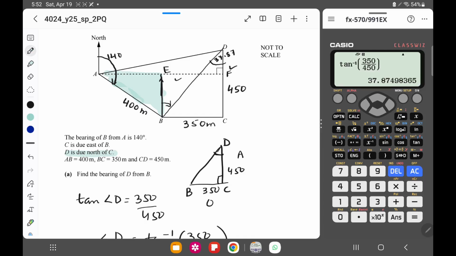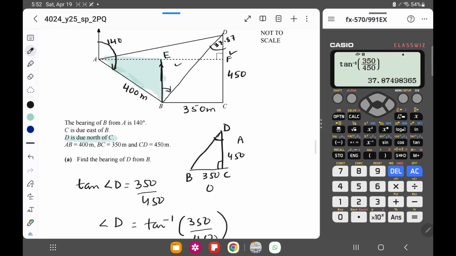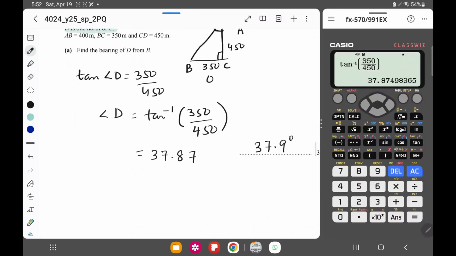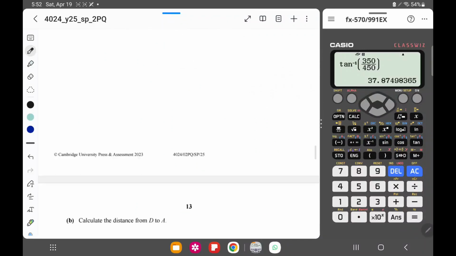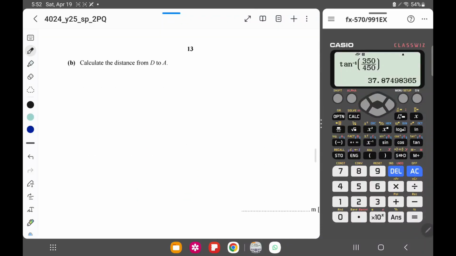Okay, I'm making here triangle EBA, E to B, B to A.